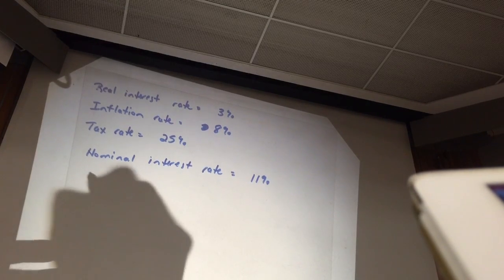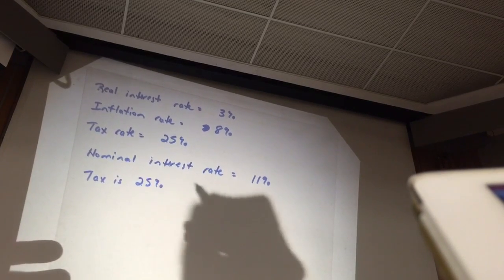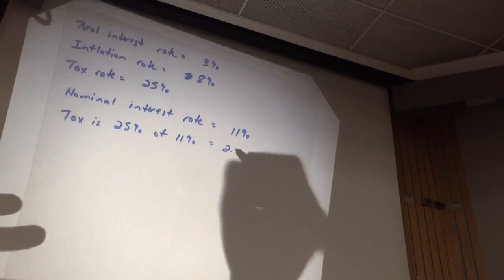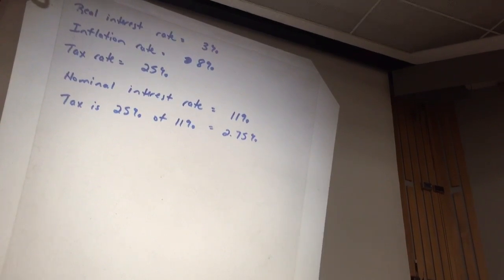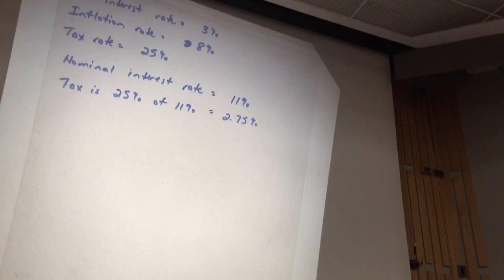So now the tax is going to be 25% of 11%. So 0.25 times 11, tell me what you get. I'm sorry? 3.75? 2.75, yeah. So now my tax is 2.75.